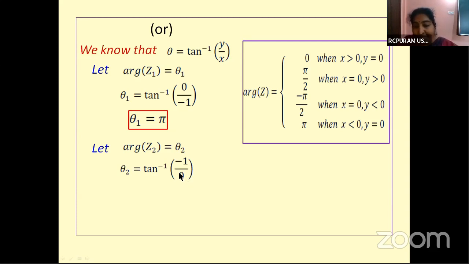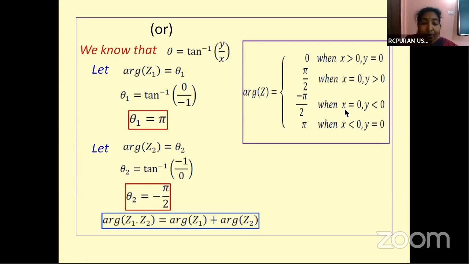Now observe this: your x is 0 and your y value is less than 0. That is the condition you are using. So theta 2 is equal to minus pi by 2. Direct application of these conditions.